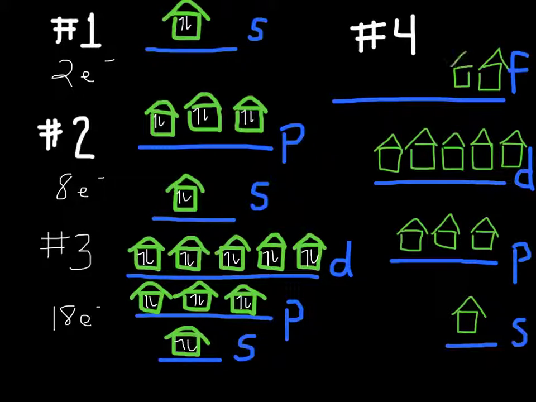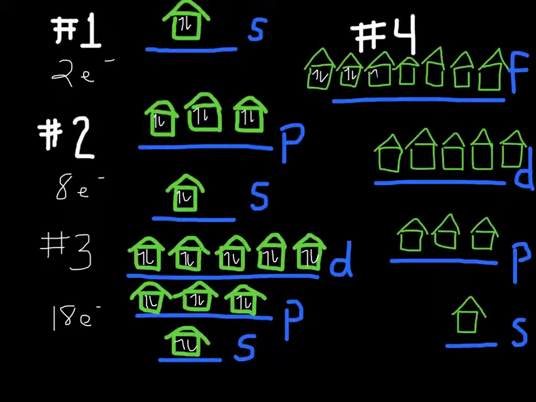Gotta fit 7 houses in here. There's 6, 7. And in each house, you can have 2 electrons.